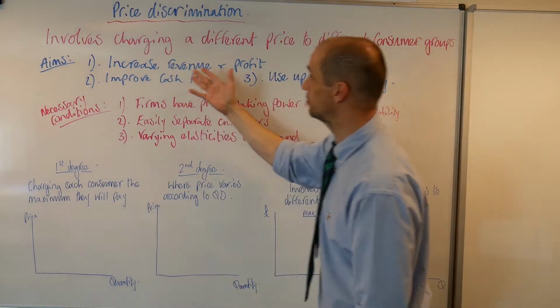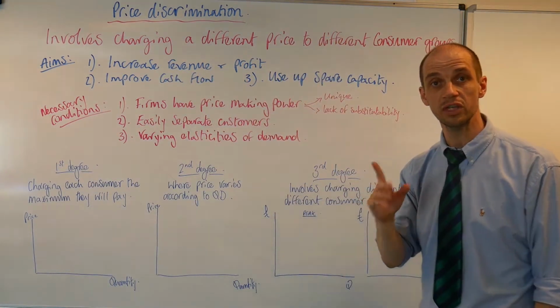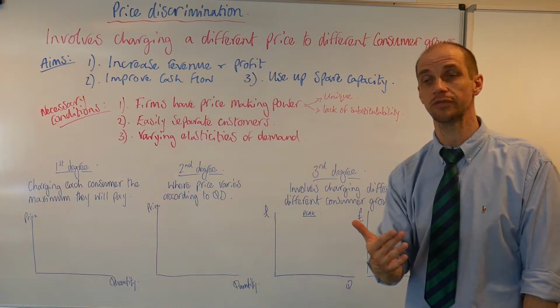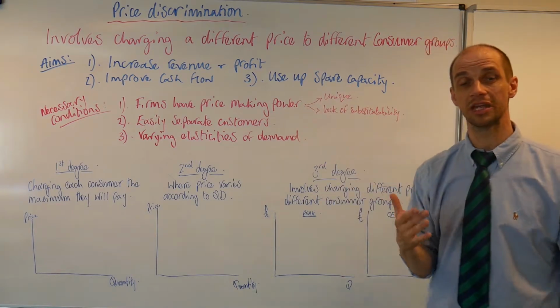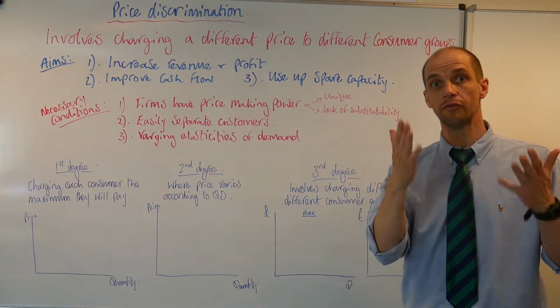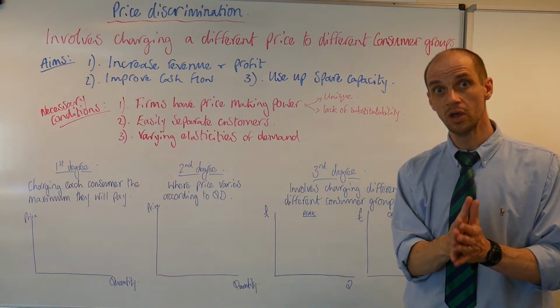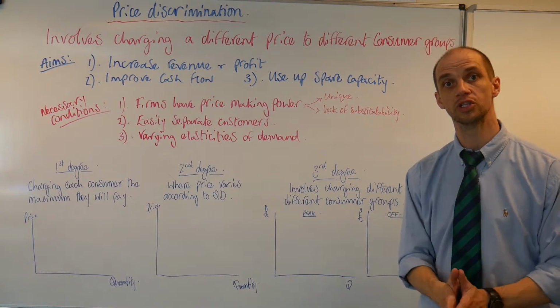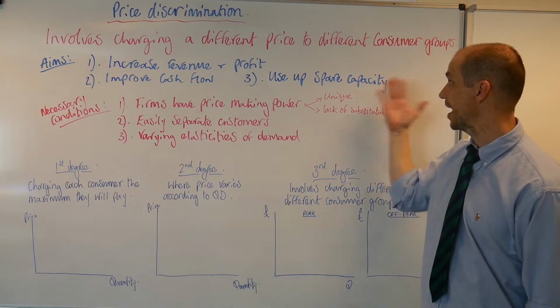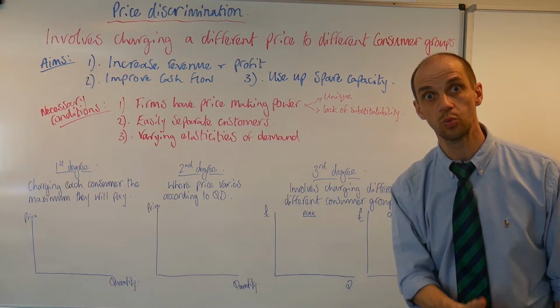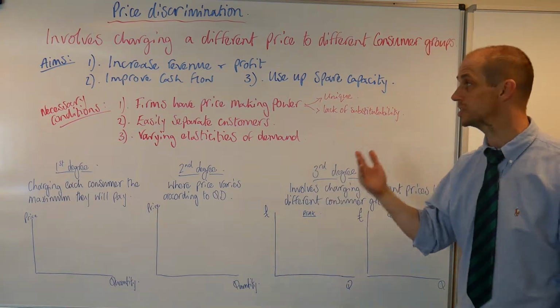It really aims to firstly increase revenue and profit. Secondly, it helps to improve the cash flow, and thirdly, it helps to make sure that you're using up spare capacity. Think of a hotel which may experience a down period during the week. They're likely to reduce their prices, and at the weekend they would increase their prices.